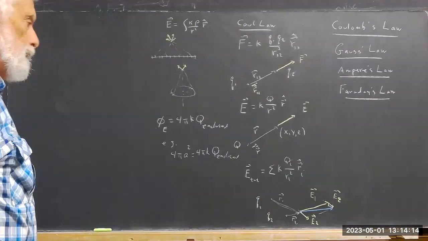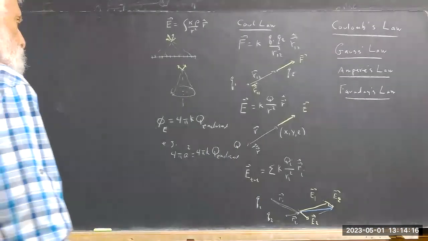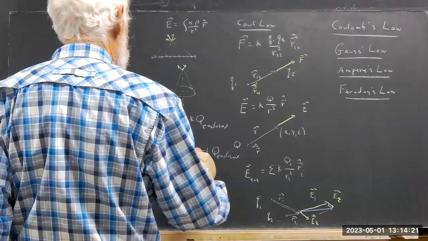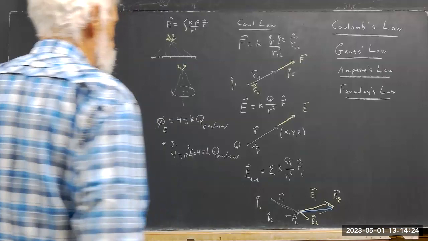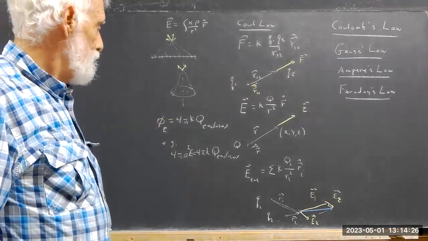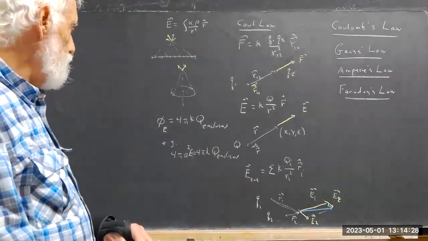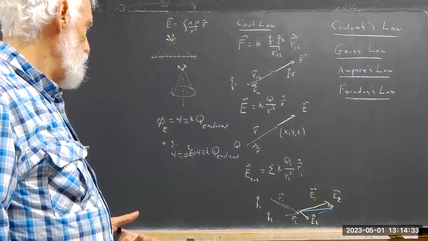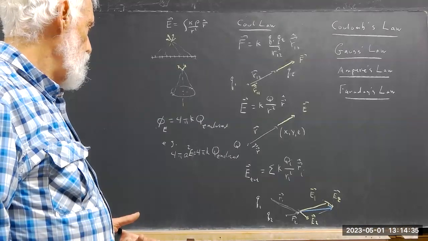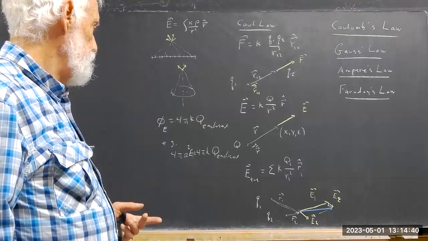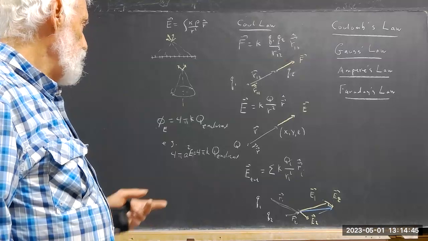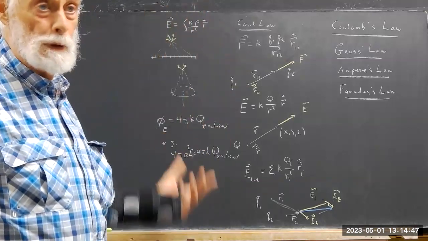You get 4 pi a squared times the electric field. So then if you divide this out, you get your electric field, KQ over a squared.